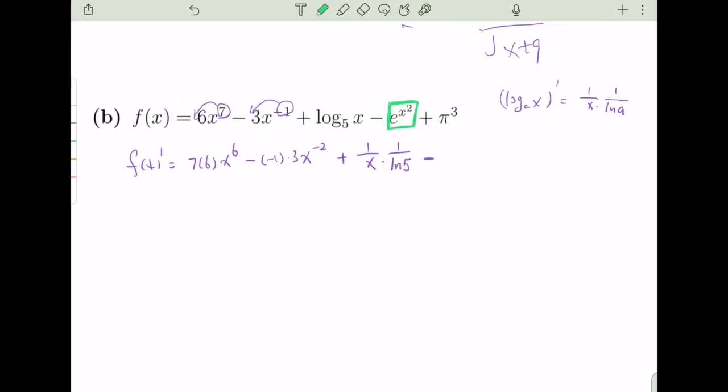The outermost function is the exponential function, and the inside function is x squared. So we're going to multiply the derivative of each of these two layers. We're starting from the outermost function, that's the exponential function. We know that the derivative of e to the x is e to the x itself.